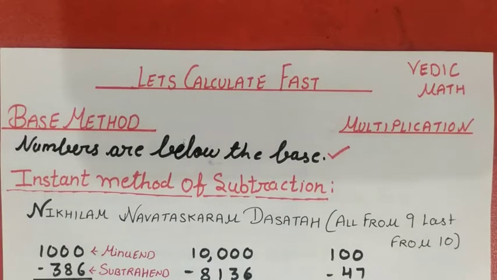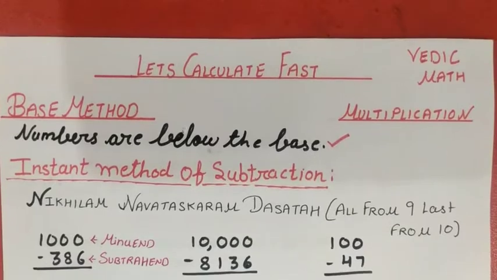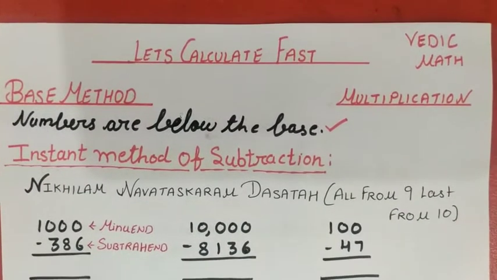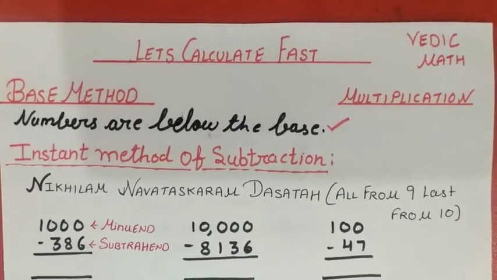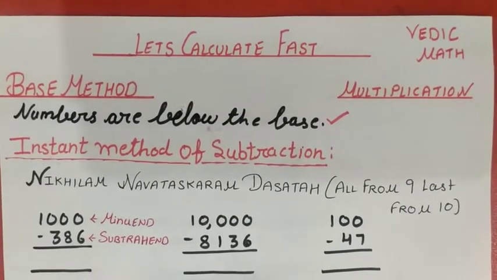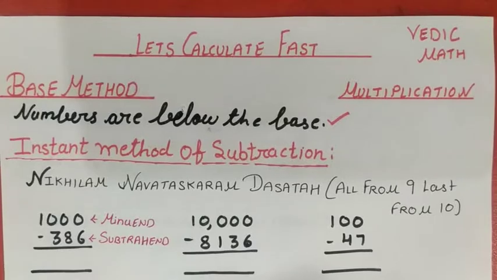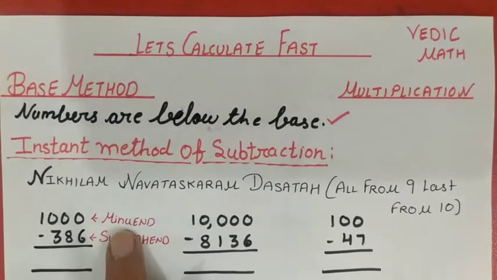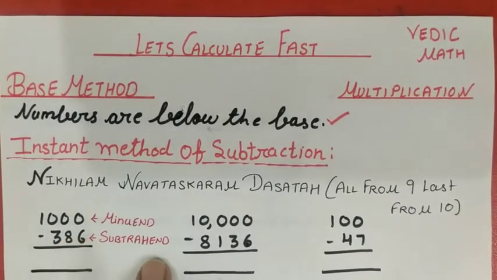This method is useful when the number from which we want to subtract another number is a base number, meaning the minuend is a base number and the subtrahend is any other number. Then this sutra is applicable.